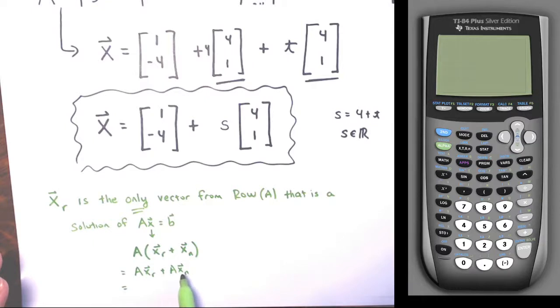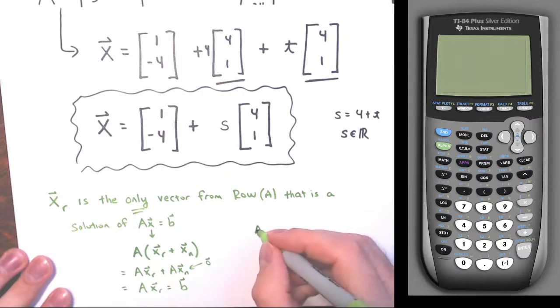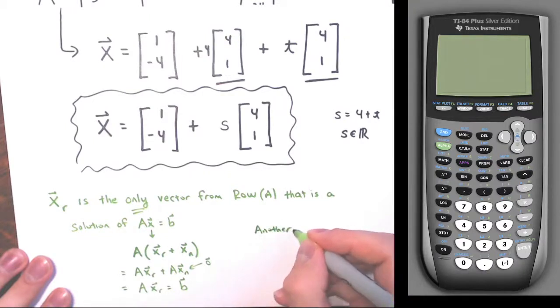So A times XN is always going to be the 0 vector. Right? So we have A times XR must be equal to B. And it can't be some other vector, because this is the 0 vector all the time. Because remember, another vector from the row space would be a multiple of XR.